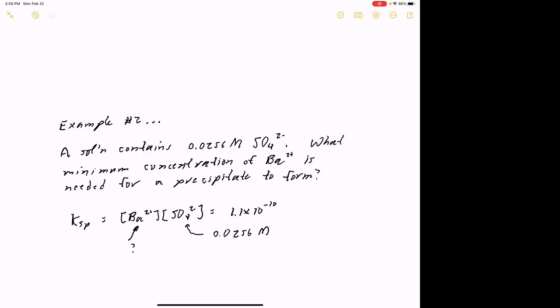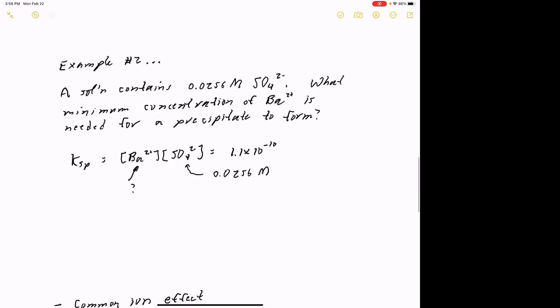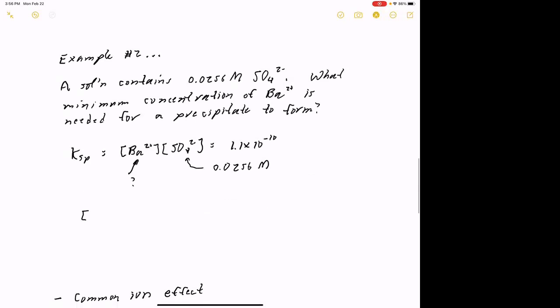Okay, so basically I have to add whatever amount of barium is needed to generate a molar concentration that satisfies that algebraic expression. So all I'm going to do is solve for the barium ion concentration.